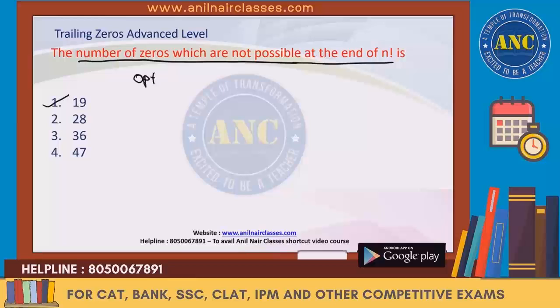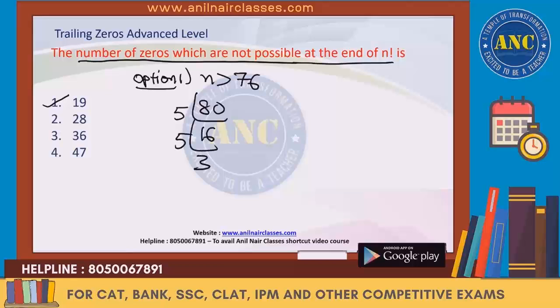If I take option 1, n is greater than 4 times 19, so n is greater than 76. The next multiple of 5 is 80: 5 16s are 80, 5 3s are 15, and 16 plus 3 is 19. It is possible. Option 2, it is 28. n is greater than 4 times 28, which is 112.